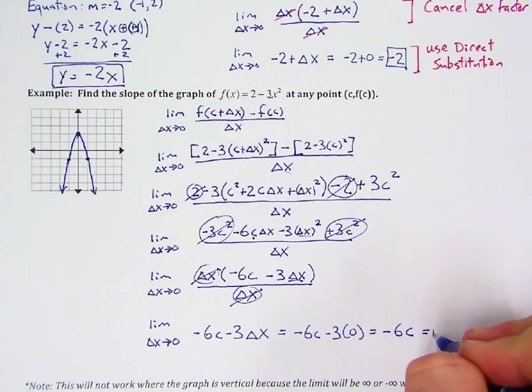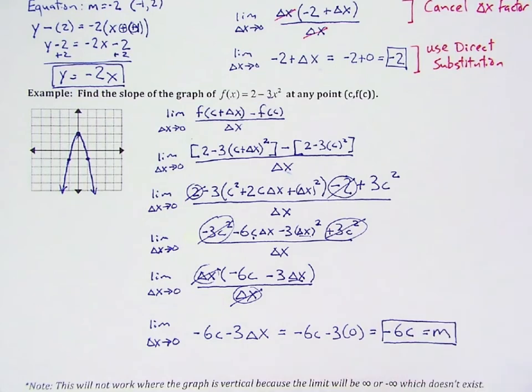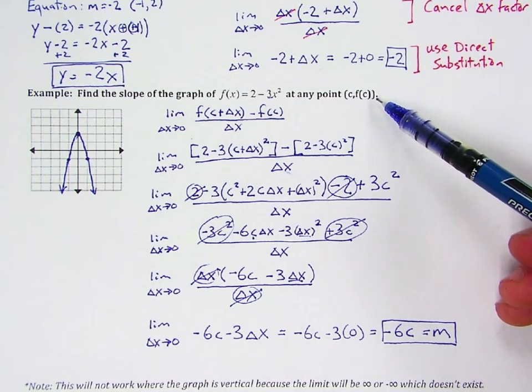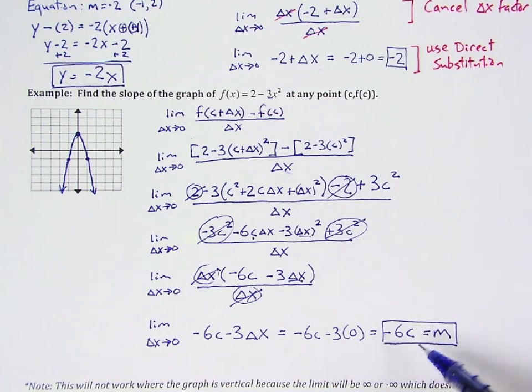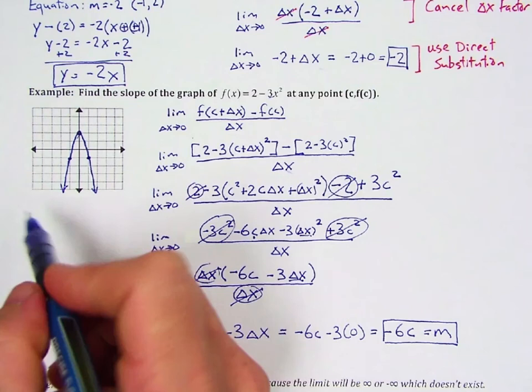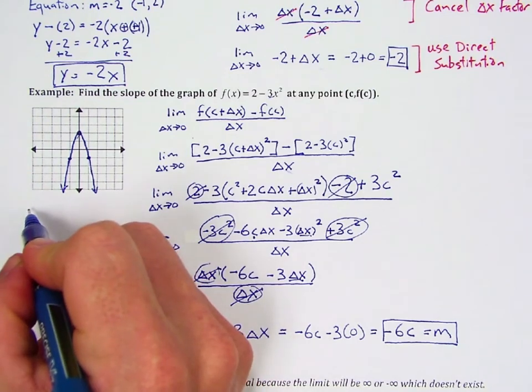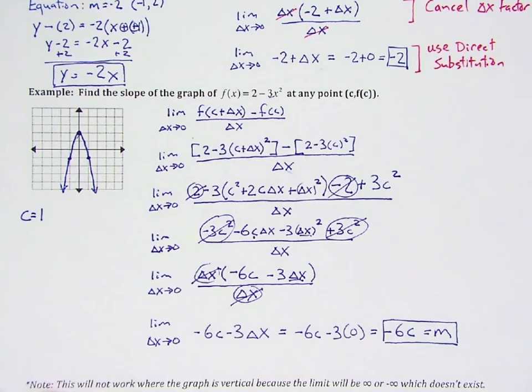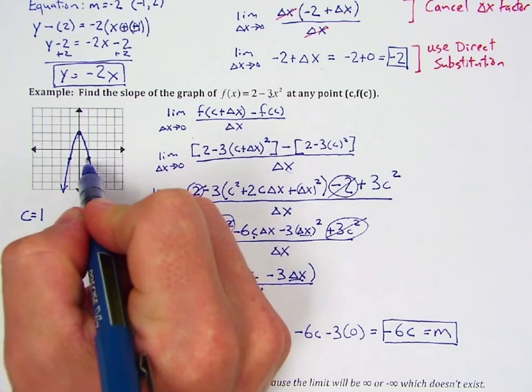And that is the slope of a tangent line at any point c, f of c. It becomes an equation. So let's go ahead and just see. What if we went where c equals 1, which is right here?